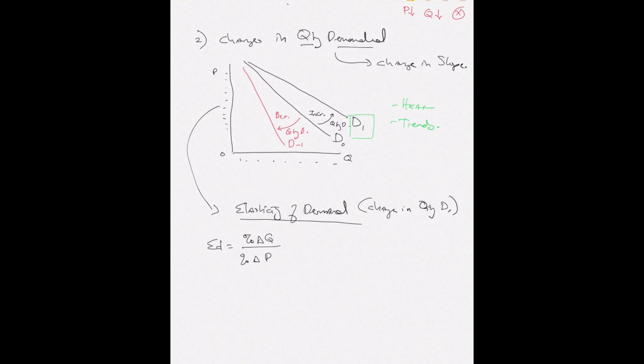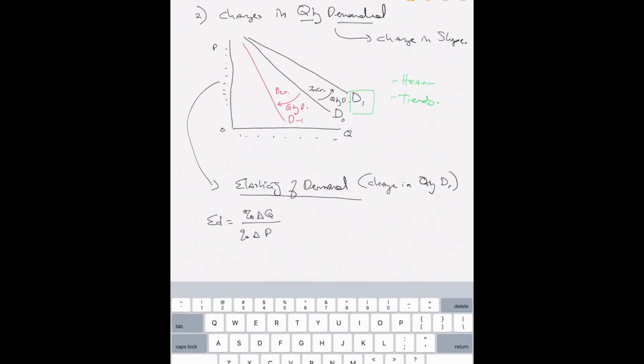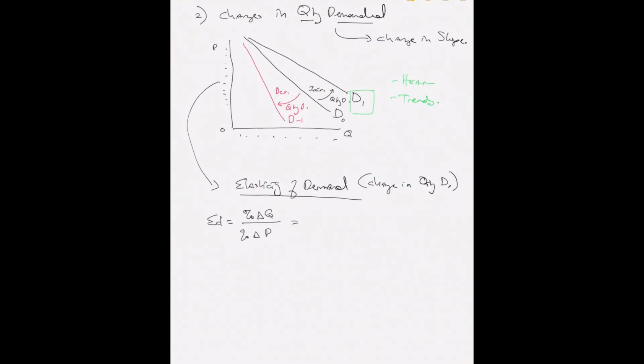Well, it's this concept that the percent change in quantity changes when we have a percent change in price. Now, it may change without price moving at all because of demand factors. But this percent change in quantity over percent change in price is over 1.